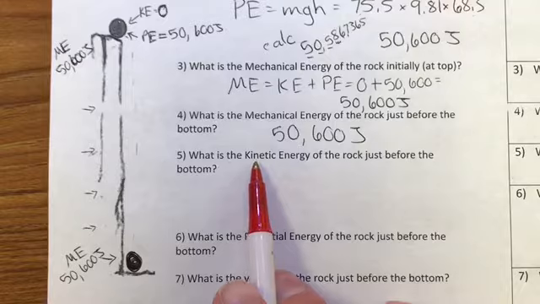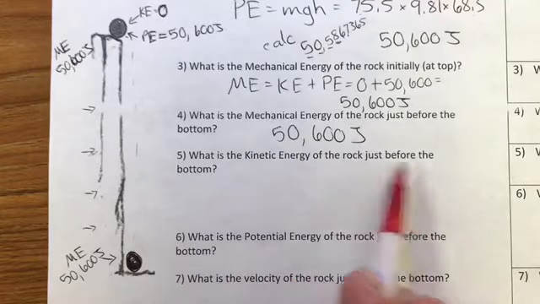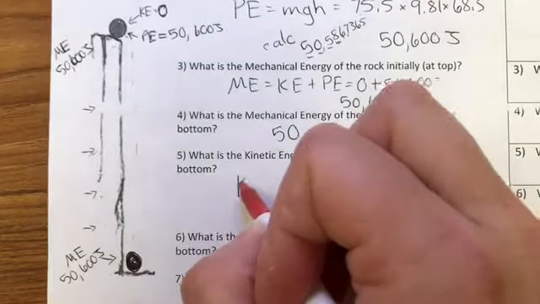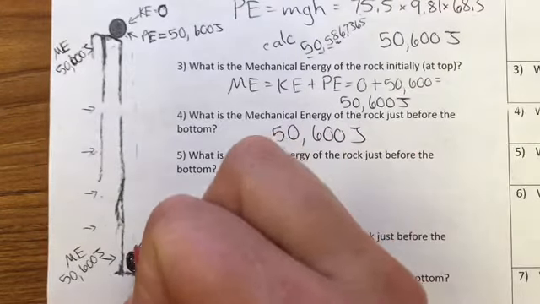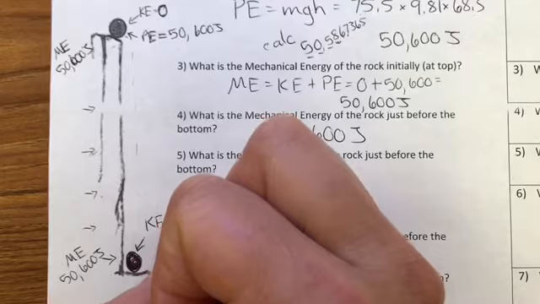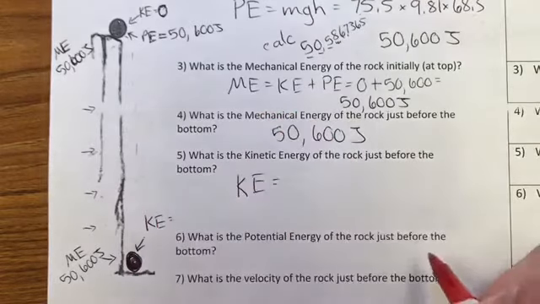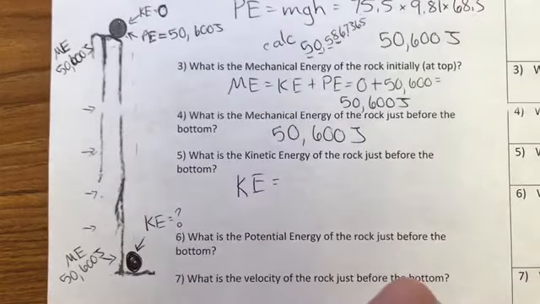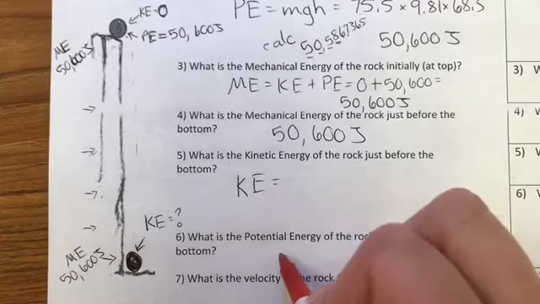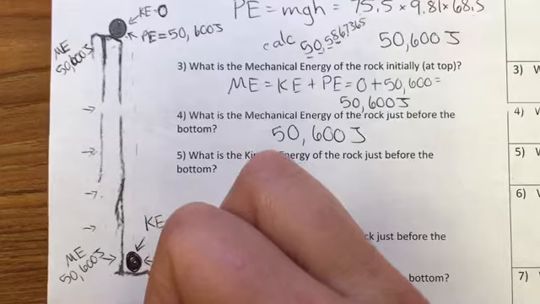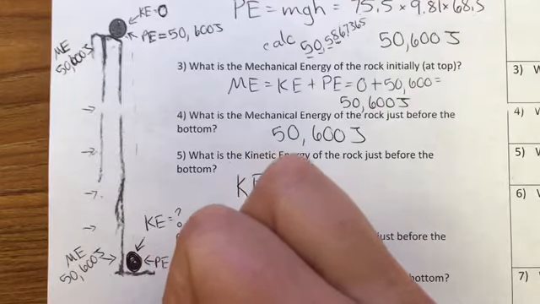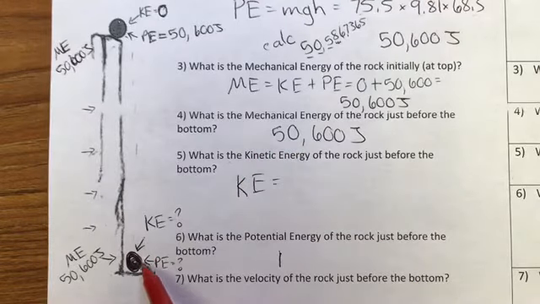Now, it asks, what is the kinetic energy of the rock just before the bottom? Kinetic energy at the bottom. So, right here, kinetic energy. Just before we hit the bottom? Well, that's a good question. I'm going to skip first to question number 6. The potential energy here at the bottom. Potential energy at the bottom.